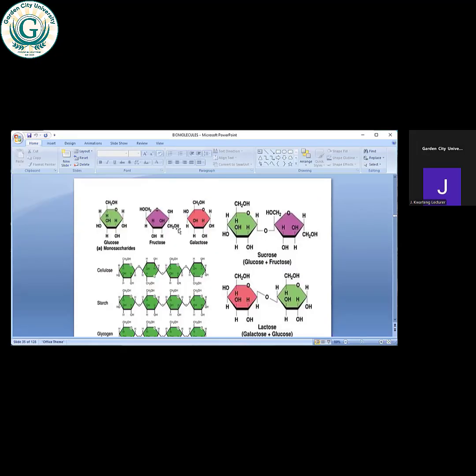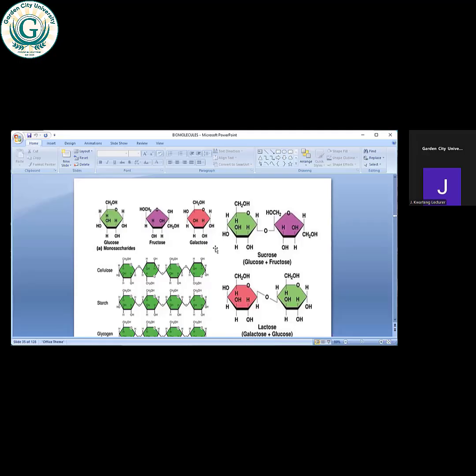Mono means one, so they are single sugar units, and we call them simple sugars. Glucose, fructose, galactose are all referred to as simple sugars because they exist as simple and single units.